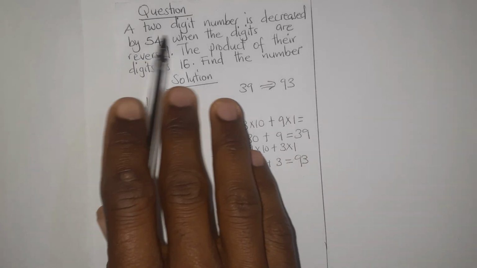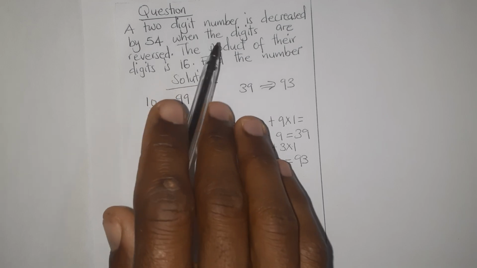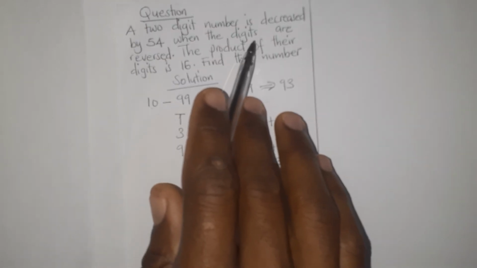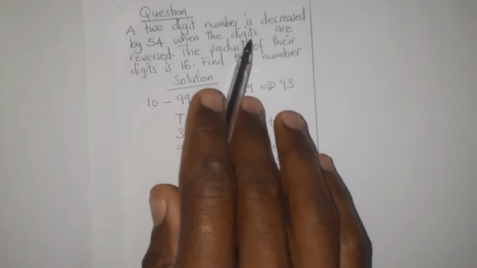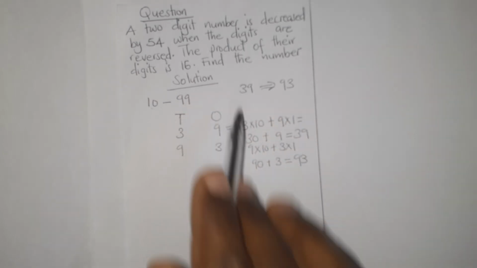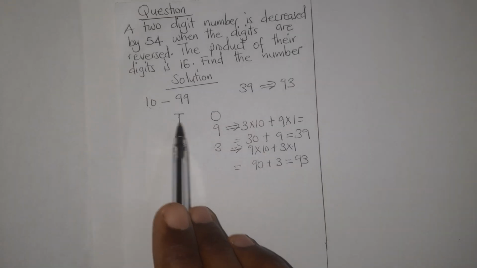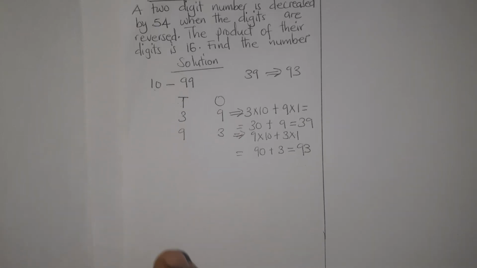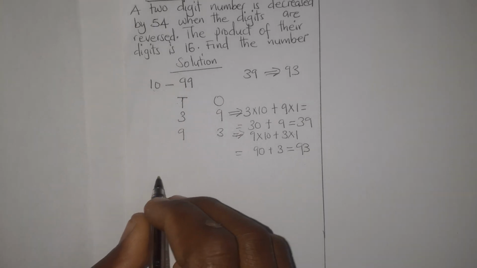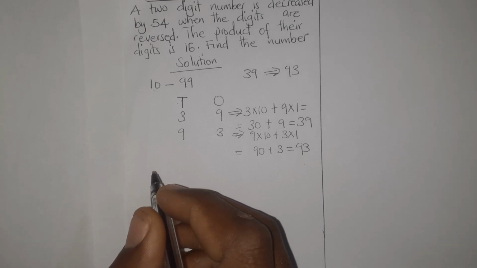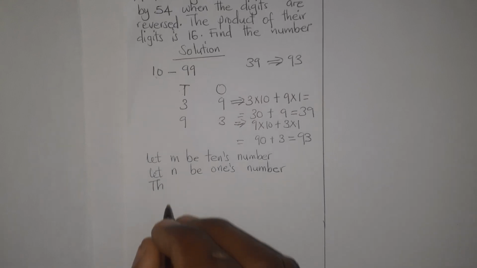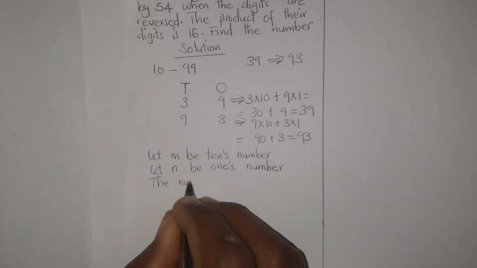Now in this question, we don't know the exact number. Since we don't know it, we let one variable be tens and another variable be ones. Let m be the tens digit and n be the ones digit. So the number is mn.